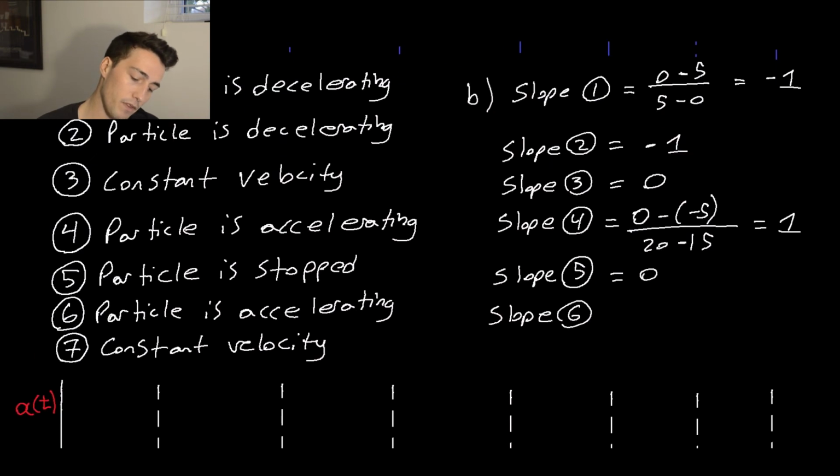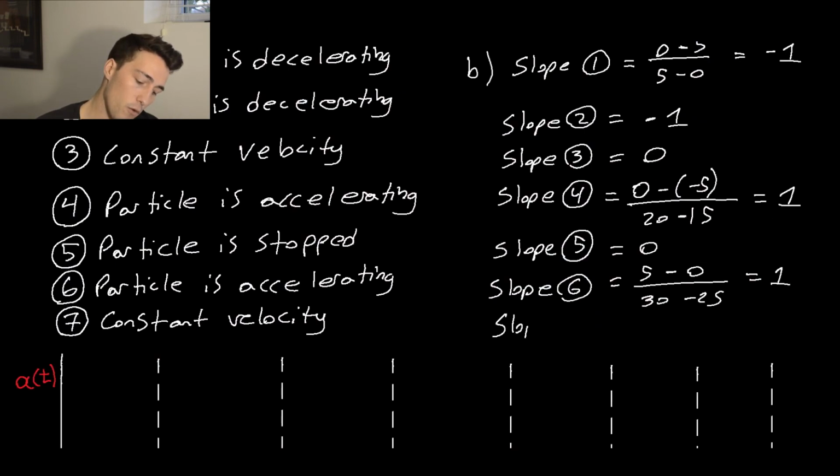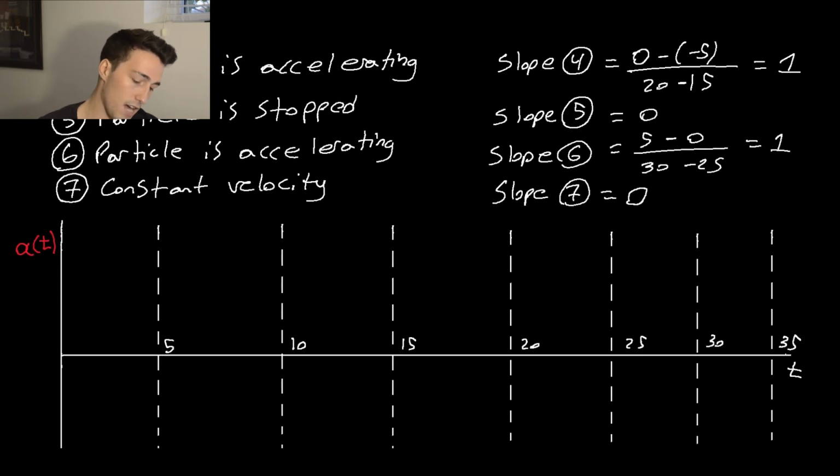So we're going to get 5 minus 0, and then 30 minus 25. Slope is again equal to 1. And lastly, we have the slope of section 7. Section 7 is a constant velocity, so there's no acceleration. So again, it's 0. Slope is 0 of a horizontal line.